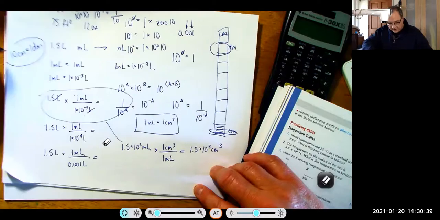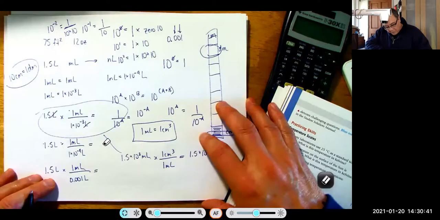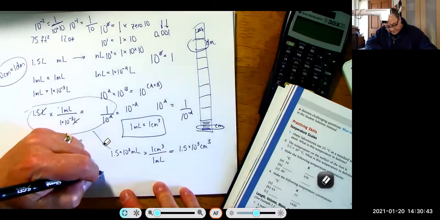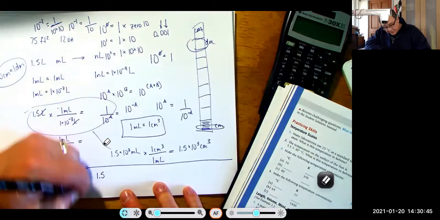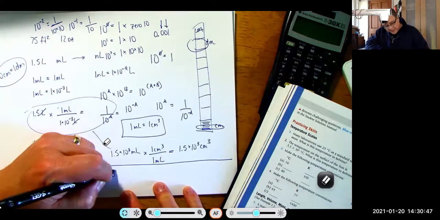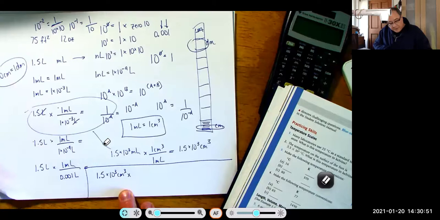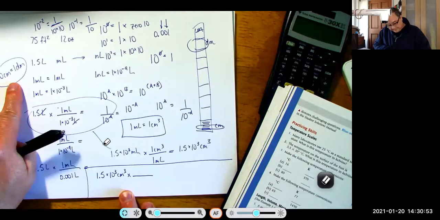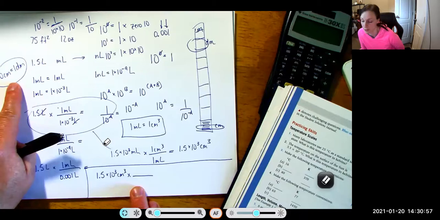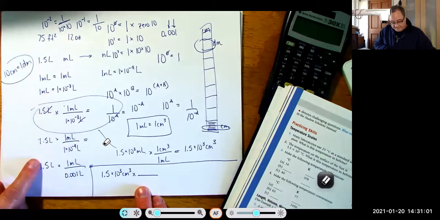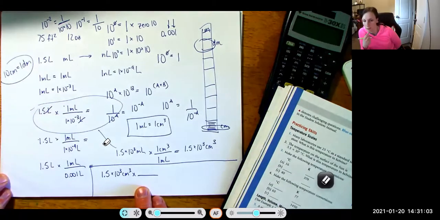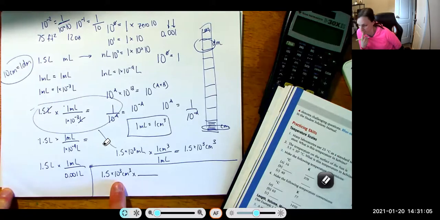And what I'm going to do here is write 1.5 times 10 to the third centimeters cubed. And I'm going to use this guy. What am I going to put on the bottom? Where are you getting 1.5 from? That's what we had to begin with. This was the answer to how many centimeters cubed it was.